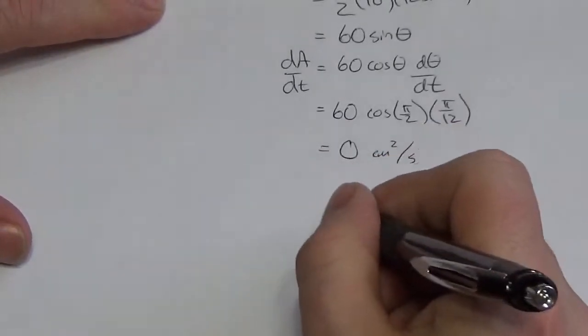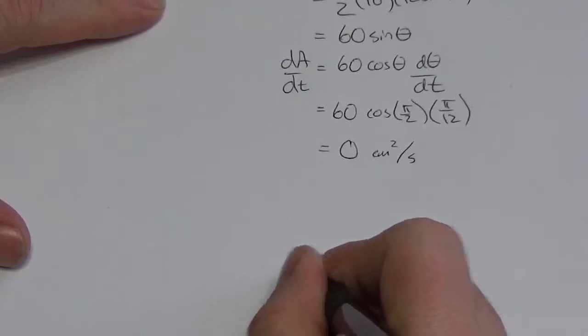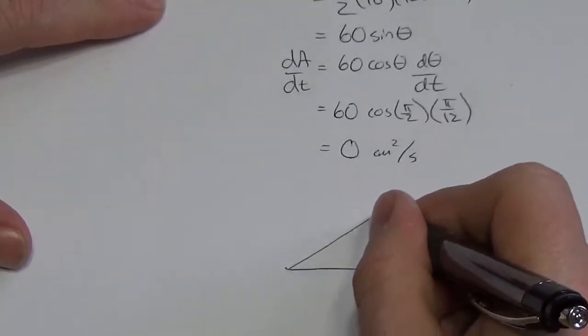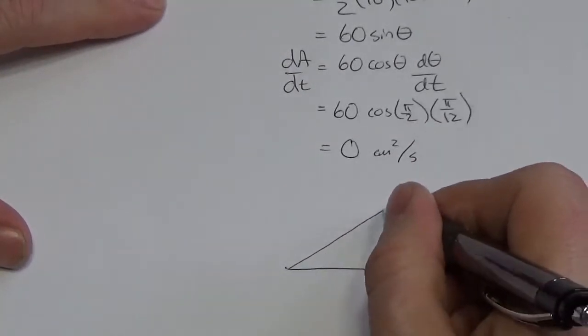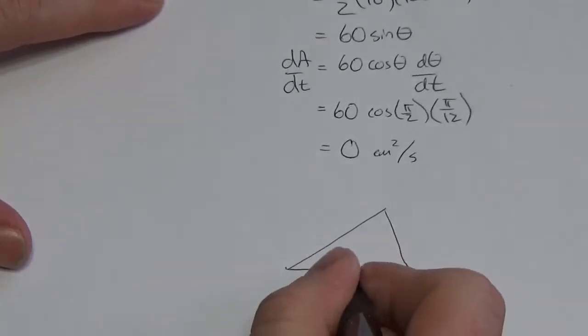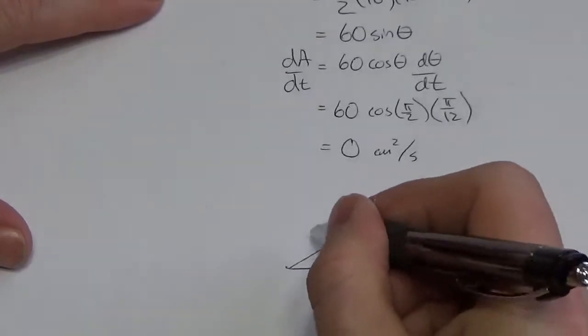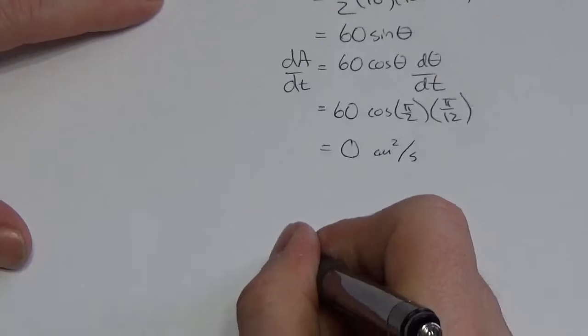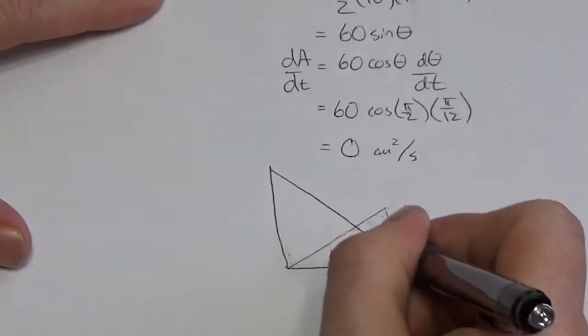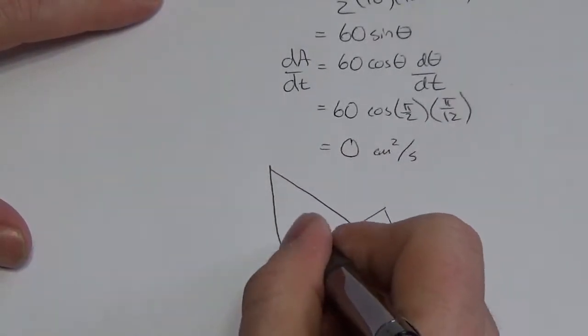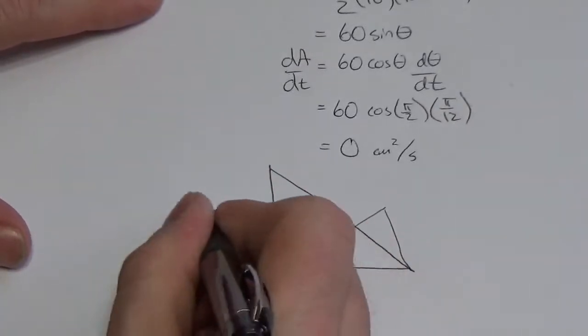Okay, so let's just take a quick look at what's going on here. Here's my scenario. Here's my base. And so here's my 12 here, making a triangle here. Now, we're going to let this angle increase, it goes up to pi over 2, and then it goes out like this.